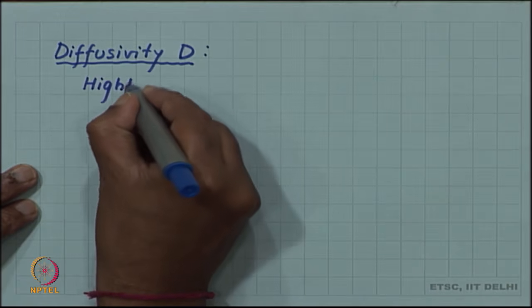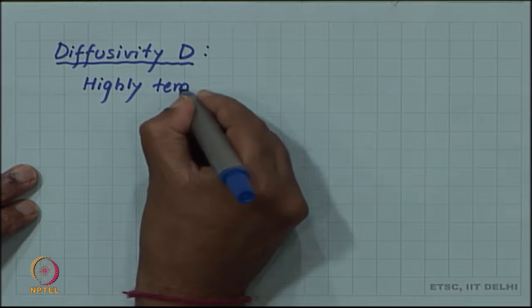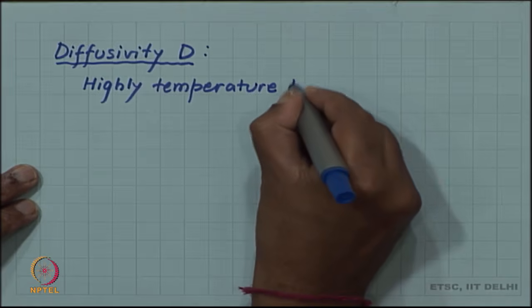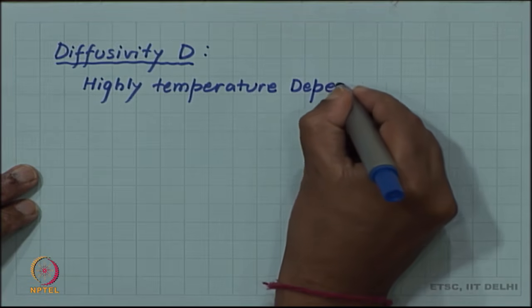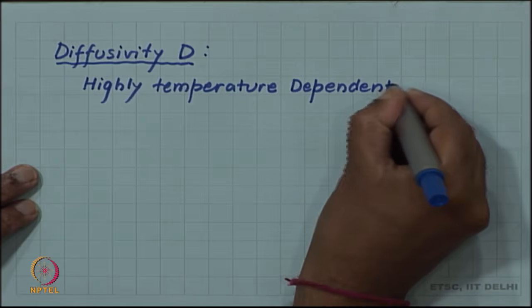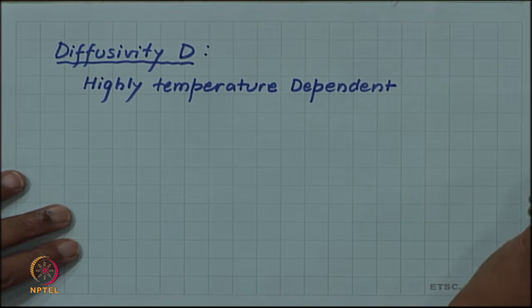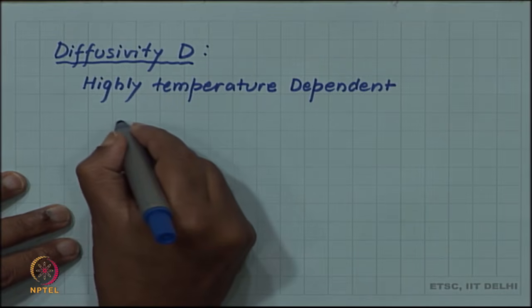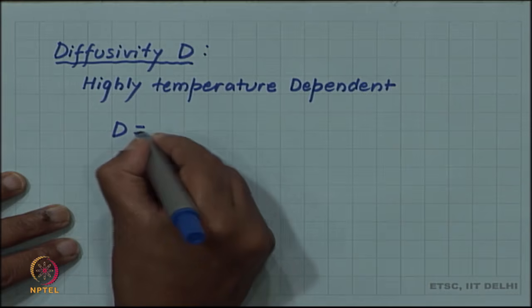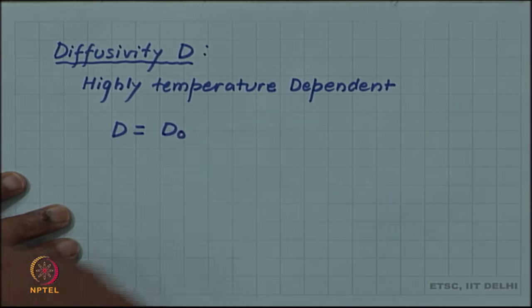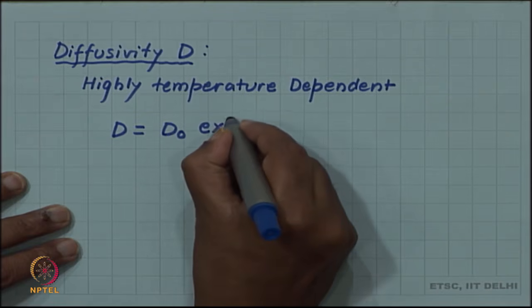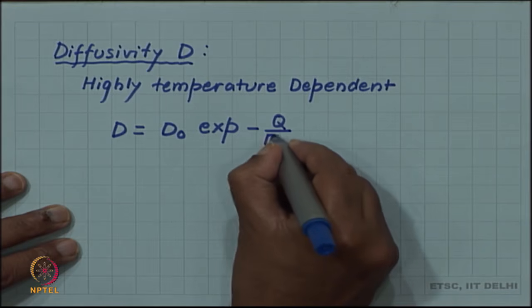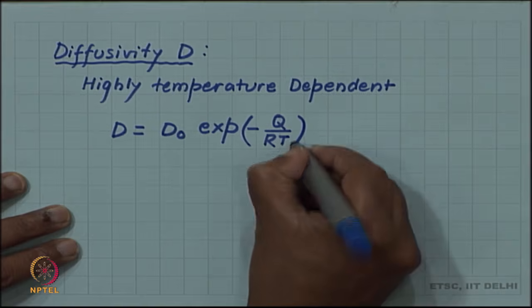It is highly temperature dependent, and it follows an exponential law. D is equal to D naught exponential minus Q by R T.